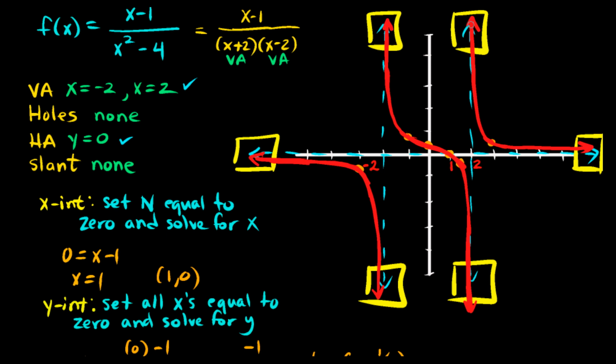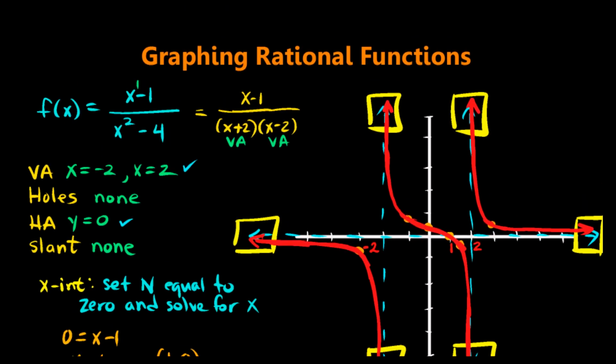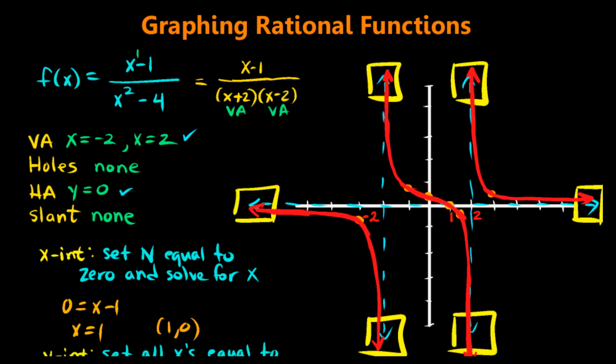So just a really quick review. When you're graphing rational functions, the first thing you want to do is make sure that you factor the function as much as you can. Then you want to break it down and find all the asymptotes and holes, and you want to put that on your graph. That's sort of the framework for it.